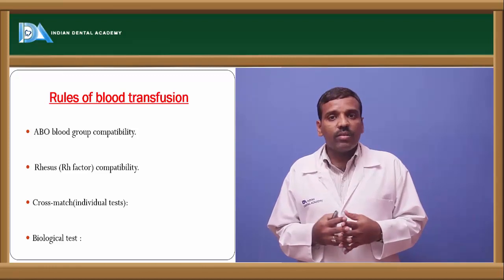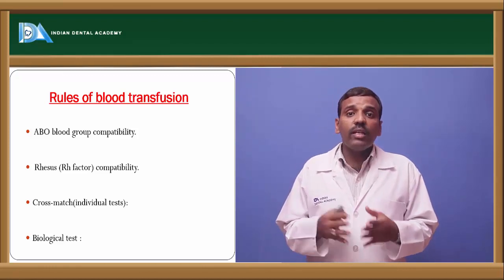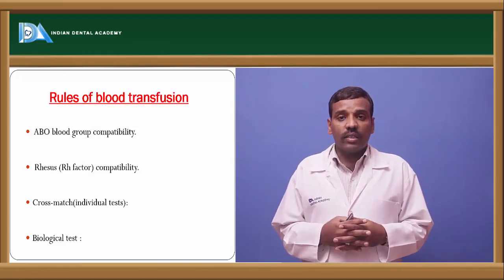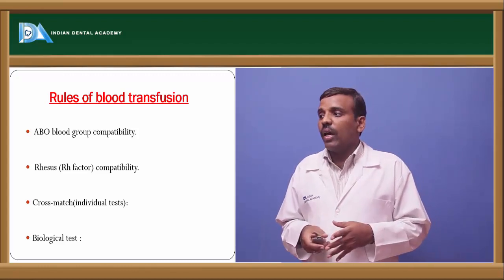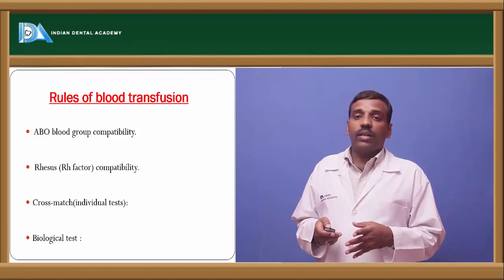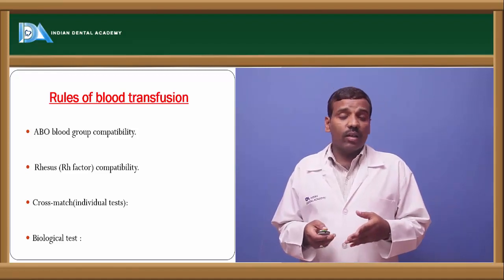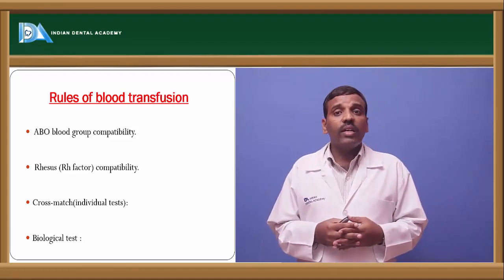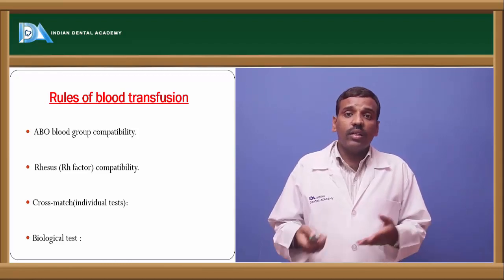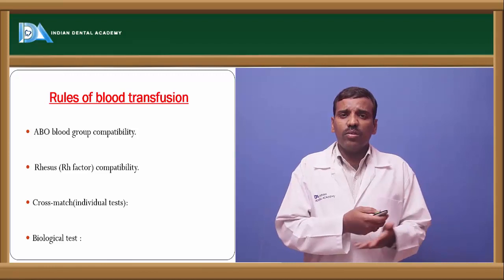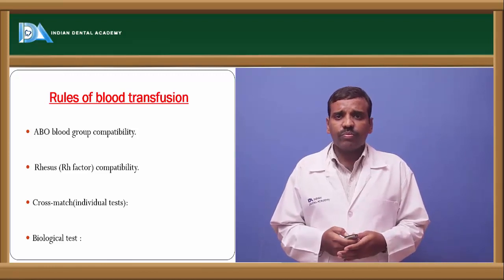In other cases, the patient's cells are mixed with the donor serum, and if there is agglutination, that is not matched at all. Then biological tests like HIV and STD tests, and any history of previous cases.